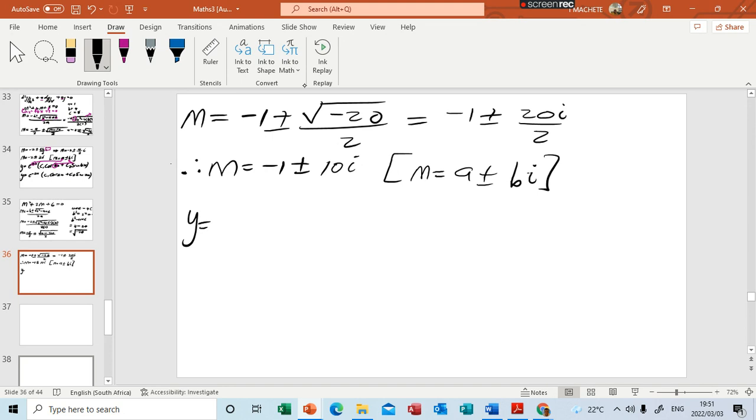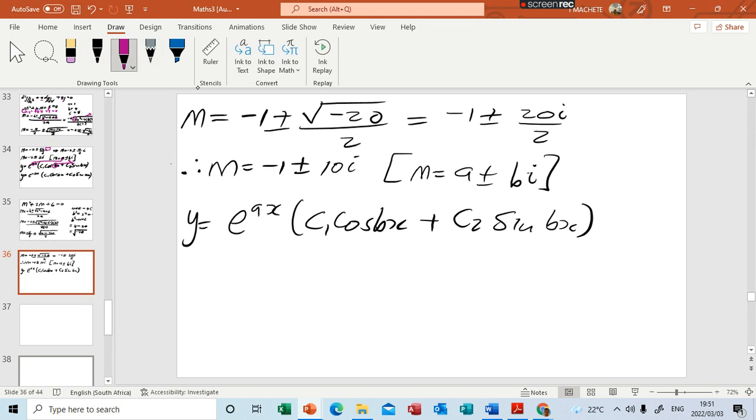Since it's a complex number, your equation is e^(ax)(C1 cos bx + C2 sin bx), because you only use this equation for complex roots. You'll know it's a complex number.